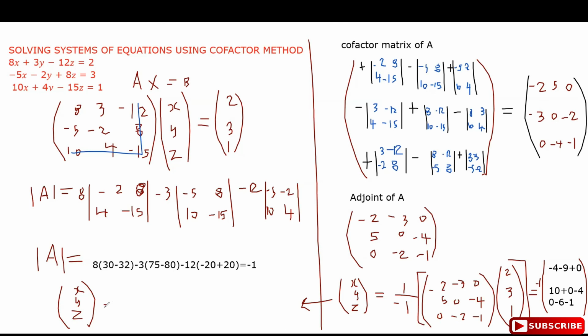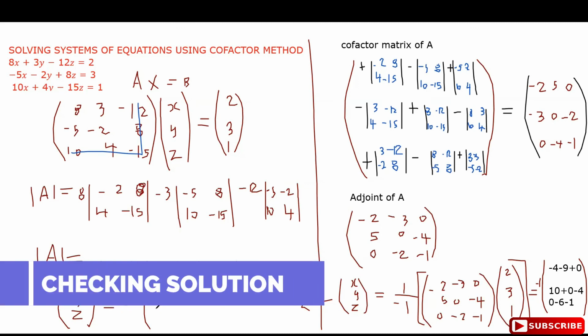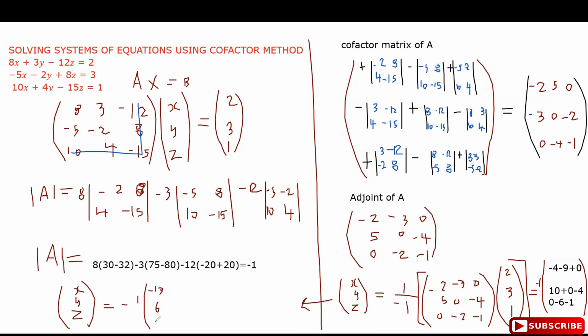So xyz is going to be equal to minus 1 times, all of this simplified to be minus 4 minus 9 is minus 13. And then 10 minus 4 is 6. Oh, 10 minus 4 is not minus 6. What a rubbish I said right there. Then minus 6 minus 1 is minus 7.